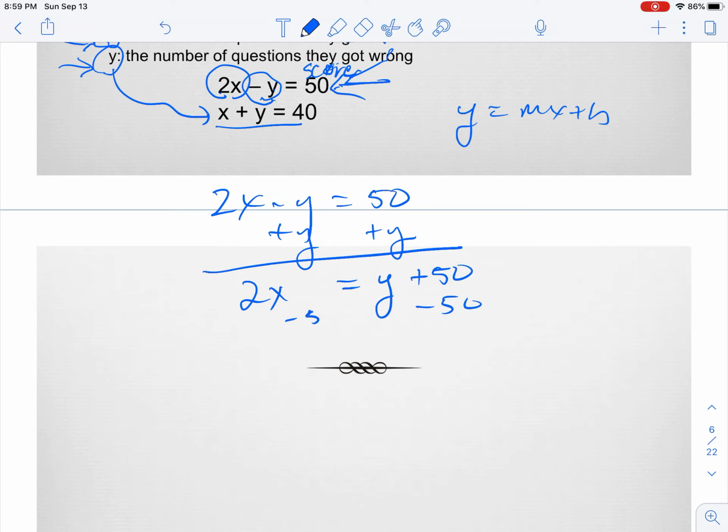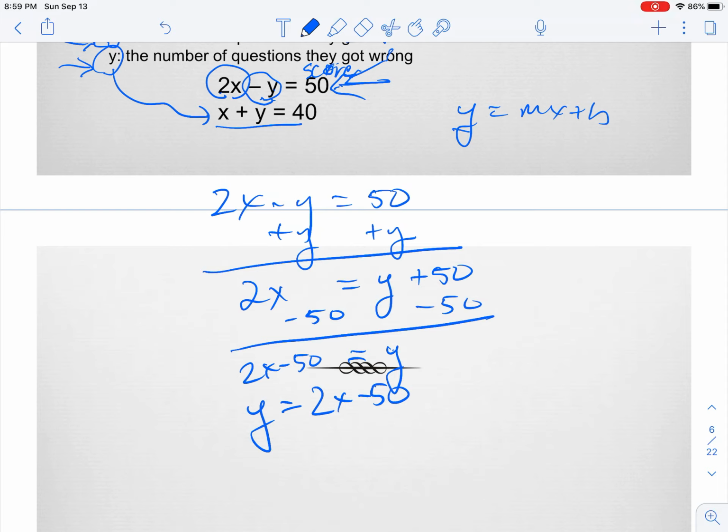Then I'm just going to subtract 50 from both sides, and what I end up with as my first equation is y equals 2x minus 50. That's in this form up here.